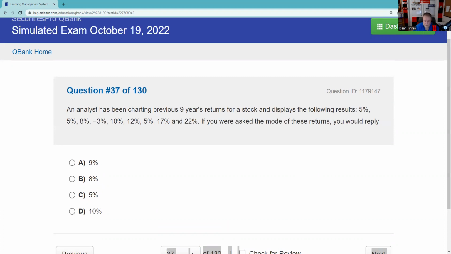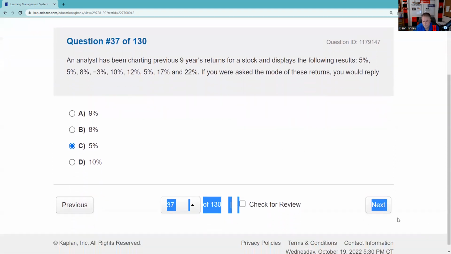So we just go through this, and if we know the mode is the one that appears most often, and it's looking, I'm just shopping it here, and it looks like 5%, that's twice. 5%, that's 3 times. I don't see any other one that has more than 2, so I'm going to say 5%. Now, I would be prepared on your exam to total all those numbers up, 1, 2, 3, 4, 5, 6, 7, 8, the set of numbers, which is 9, divide by 9, and then give me a simple average on the test.